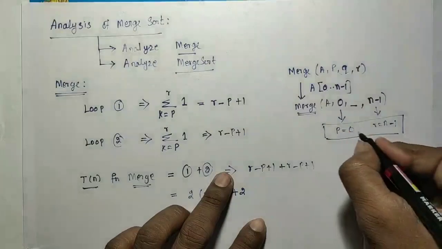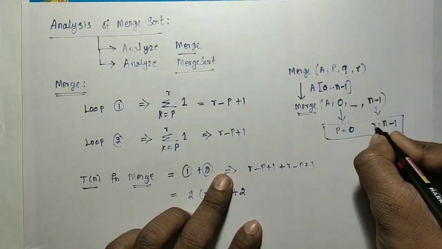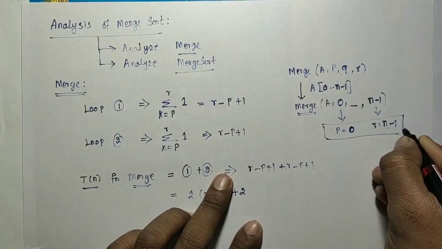In the worst case, all the elements are involved, the starting index is 0 and the last index is n−1.